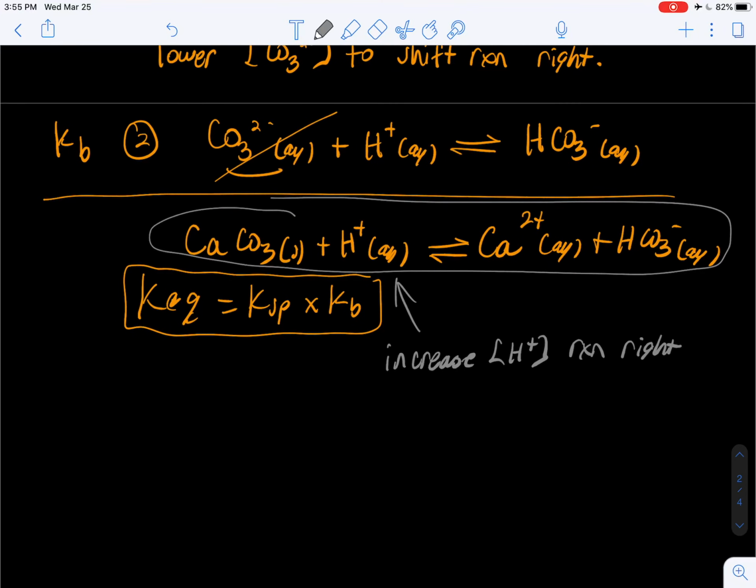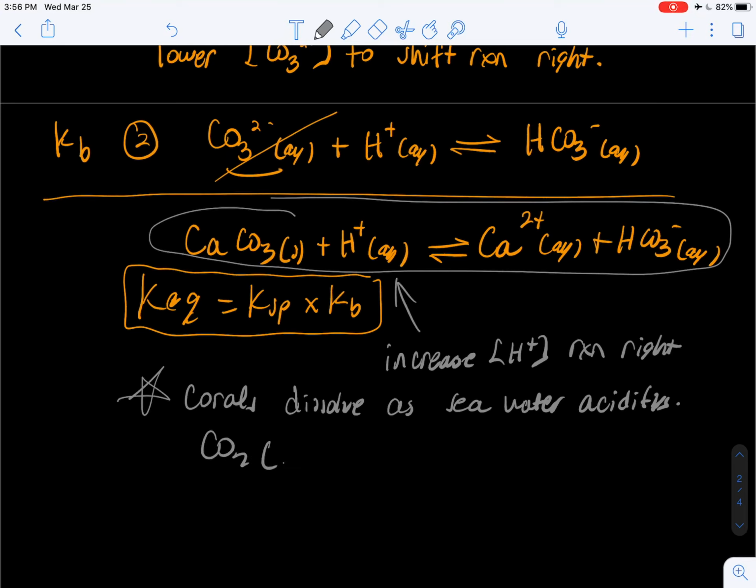Two everyday applications of this are coral in the oceans of the world. Corals dissolve as seawater acidifies due to global climate change, okay? Now you might be wondering, well, how does the seawater get acidic? I don't understand that.